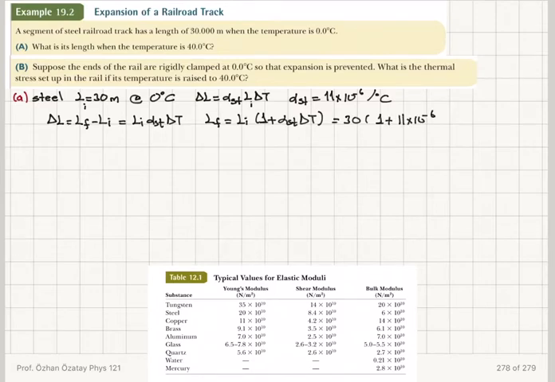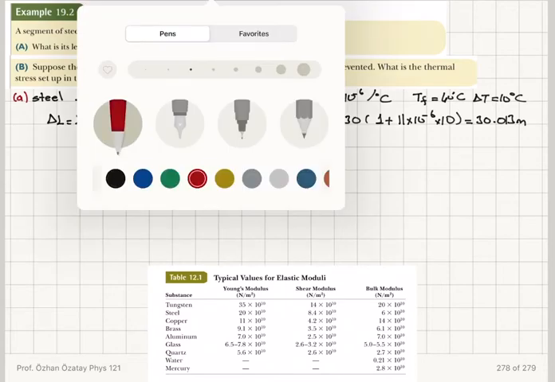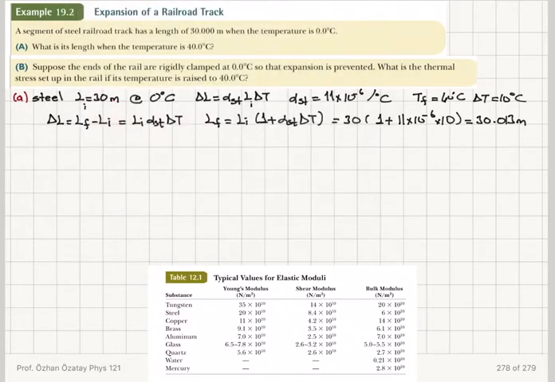What is delta T? We're going to a final temperature of 40 degrees Celsius. Therefore, delta T is 40 degrees Celsius. So I find that the final length will be 30.013 meters. So that's part A of the problem.